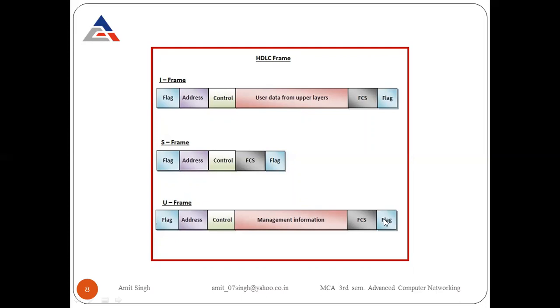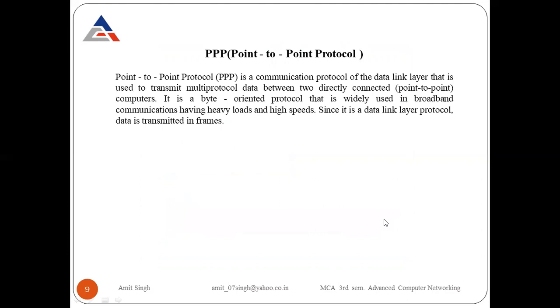Now we have a second protocol over there, that is PPP. It stands for point-to-point protocol. Point-to-point protocol is a communication protocol of data link layer that is used to transmit multi-protocol data between two directly connected computers.